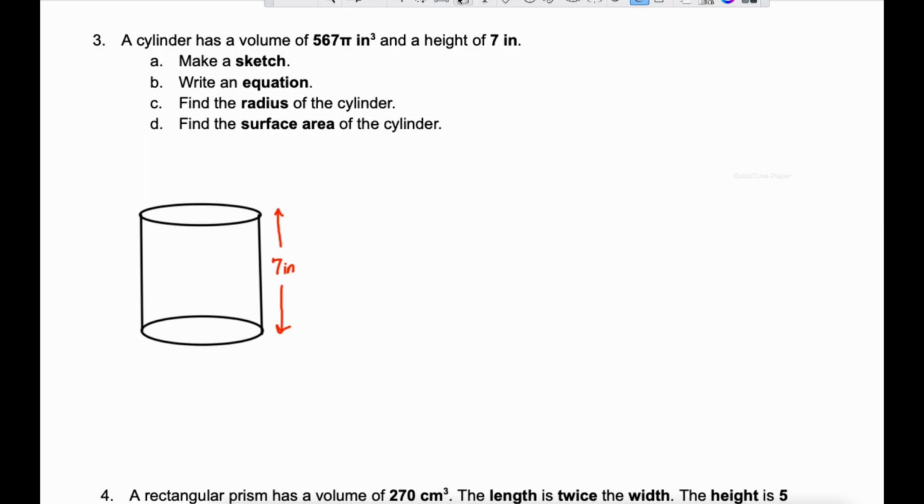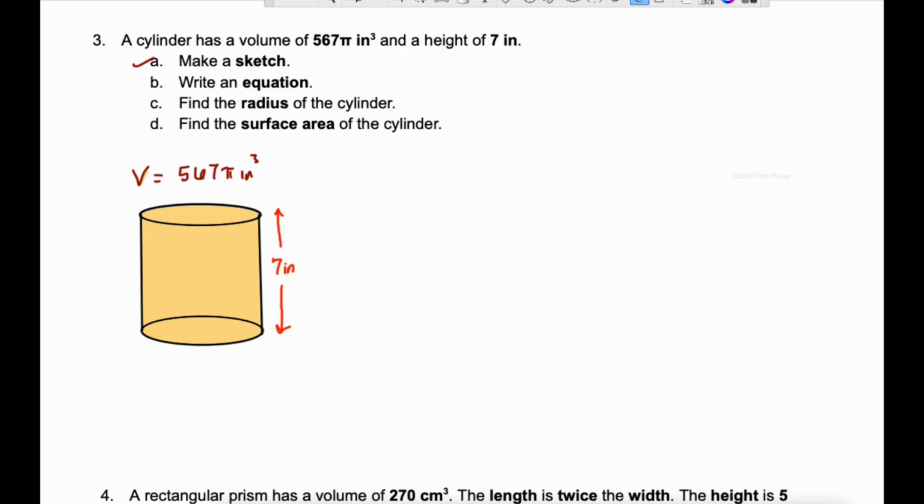And the volume is 567 pi cubic inches. Make a sketch. Done.